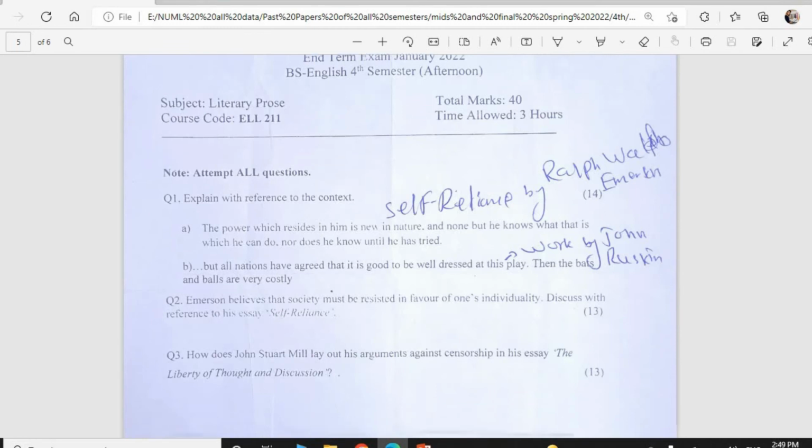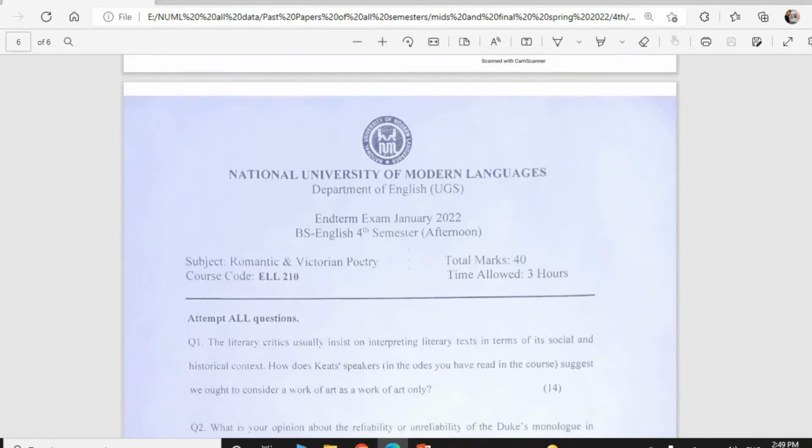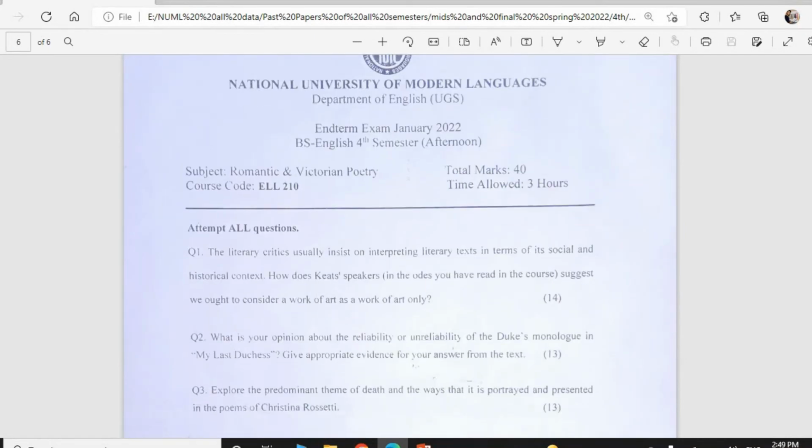And this is Romantic and Victorian poetry, my favorite one. I always love the literature subjects, especially poetry, classical poetry, Romantic and Victorian poetry. Love them, right?